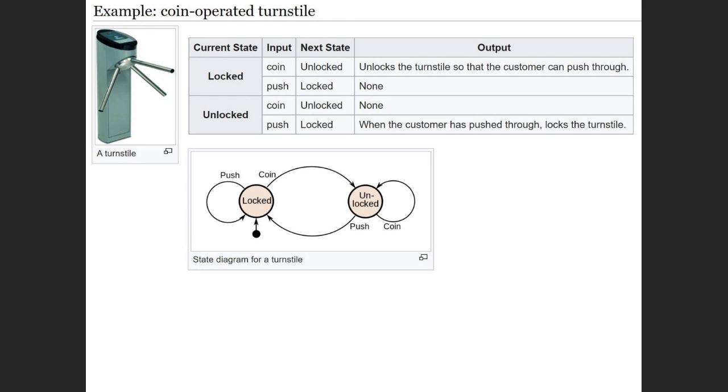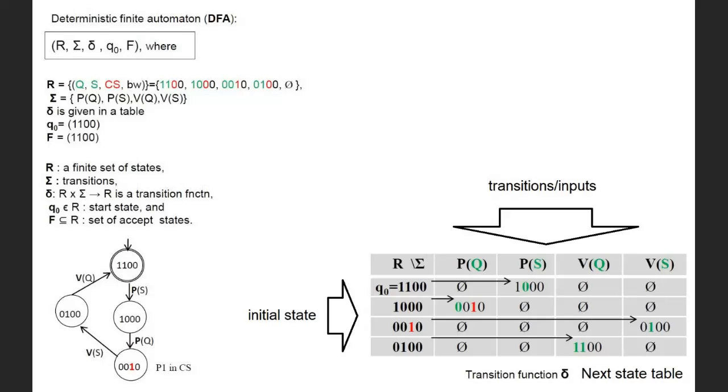If the machine is unlocked, we can enter, we push, and then the machine is locked behind. If the machine is locked but we put the coin in, as an input acting on the state locked, the machine is unlocked. We push and then the machine is back locked. So this was a mechanical example of a finite state machine.